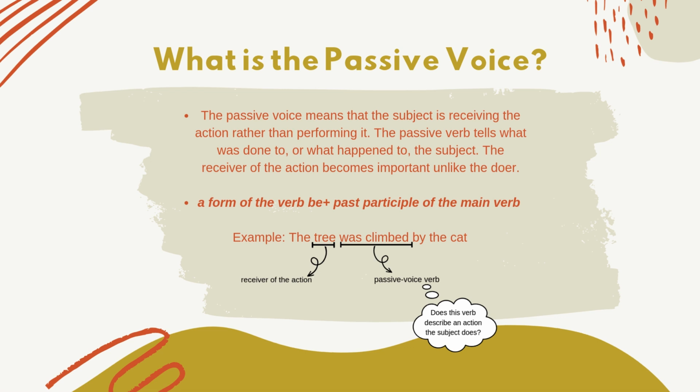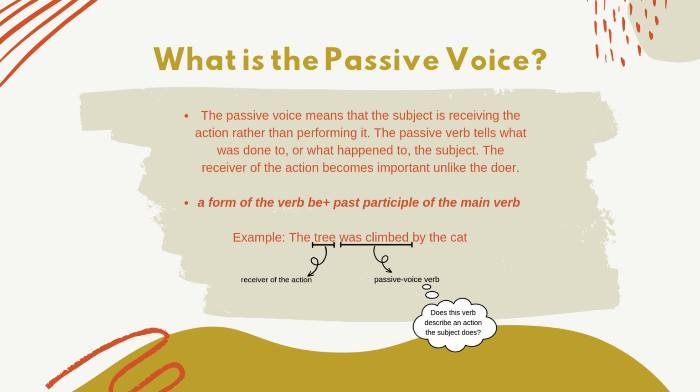Now we are not focusing on who climbed the tree. We are focusing on who received the action of climbing. The tree received the action, so the tree is the receiver of the action. Was climbed is a passive voice verb.